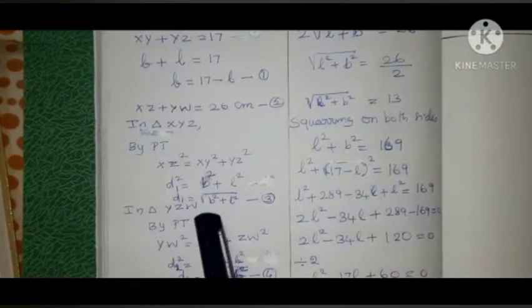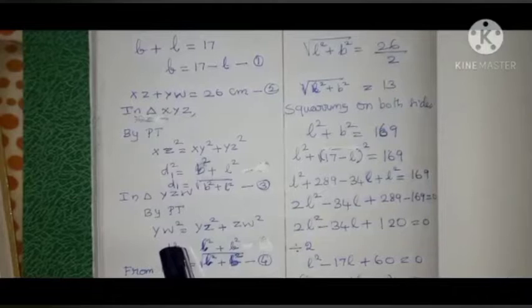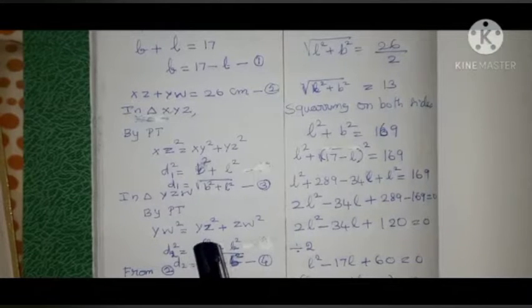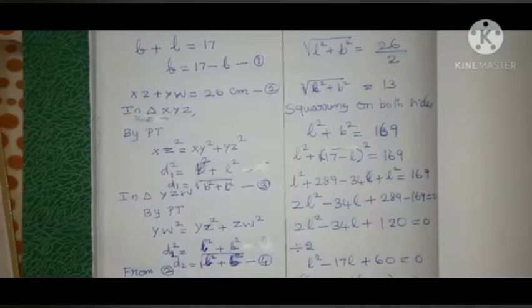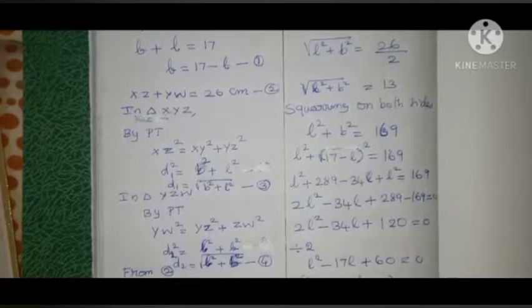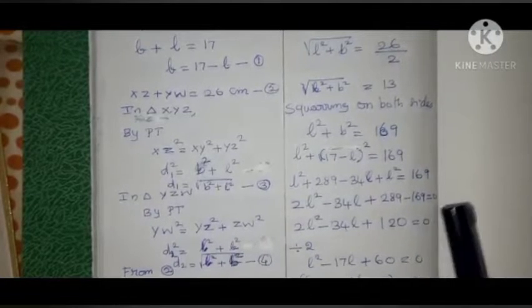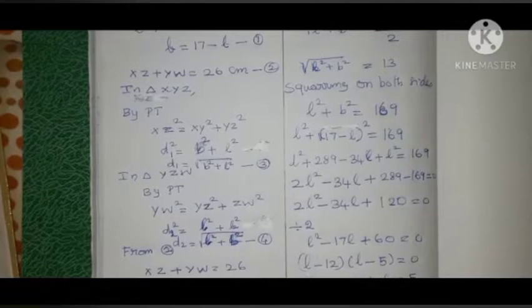In triangle YZW, by Pythagoras theorem, YW square is equal to YZ square plus ZW square. YW is T2, T2 square is equal to YZ length L square plus ZW breadth B square. T2 is equal to root of L square plus B square, taken as 4.